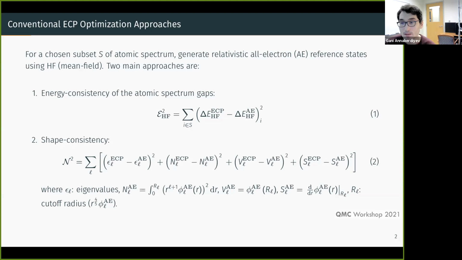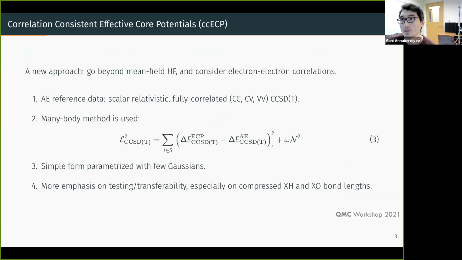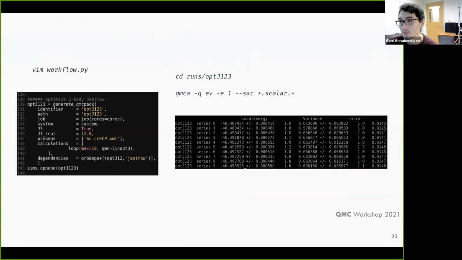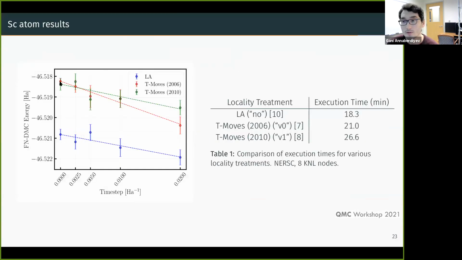Yeah, as we've discussed, if you use the locality approximation, you have the zero variance property. So if you have a really accurate wave function, then you can get very low variances. I haven't shown it here, but for the scandium runs, what I've seen is that the locality approximation has slightly lower variance than T-moves. The T-moves do give you an upper bound, but they don't have the zero variance property when you go to the exact trial wave function.